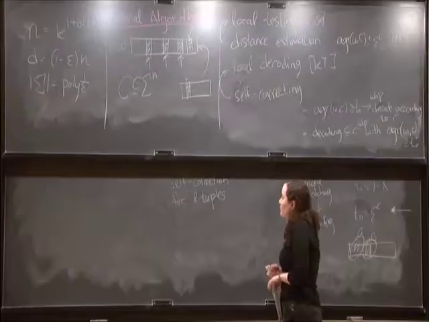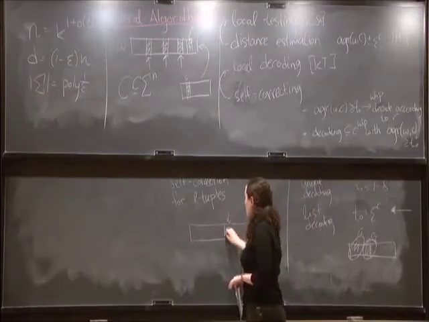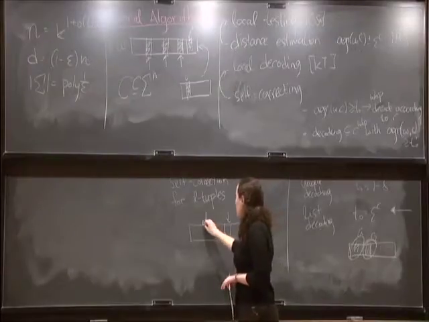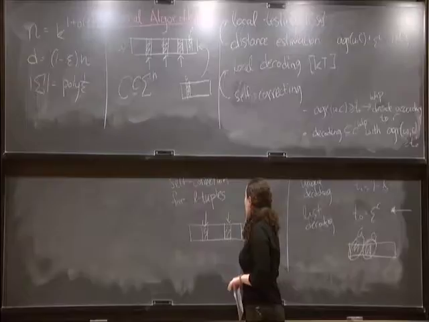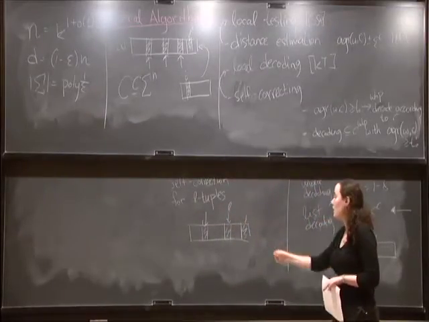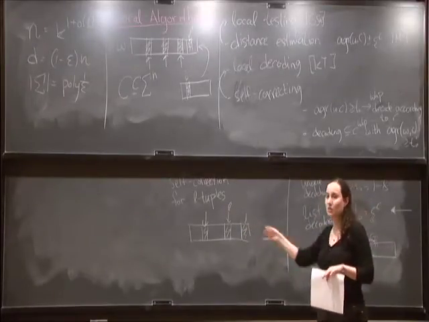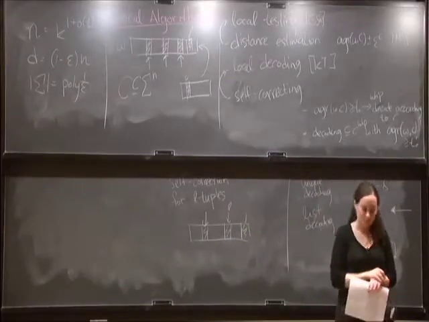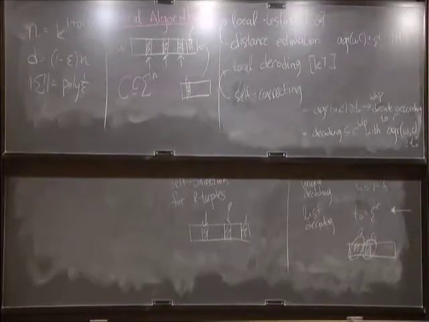Self-correction for L tuples means that maybe I don't want to self-correct only one j here, but a bunch of L symbols here. And then even if the alphabet is binary, if L is large enough, then if you correct lots of them, it's a non-trivial task. Okay. Good. So these are the remarks I want.